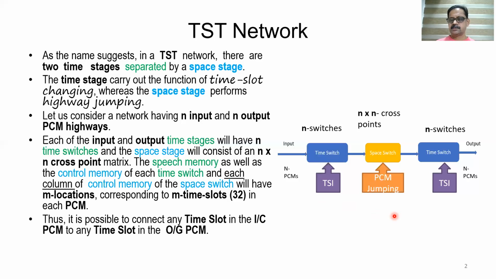So m depends upon the type of the PCM, or the hierarchy of the PCM, that you are implementing. In case of 30 channel PCM with 32 time slots, the memory locations are 32. In case of 24 channel PCM adopted by Americans and Japanese, we will have 24 memory locations.